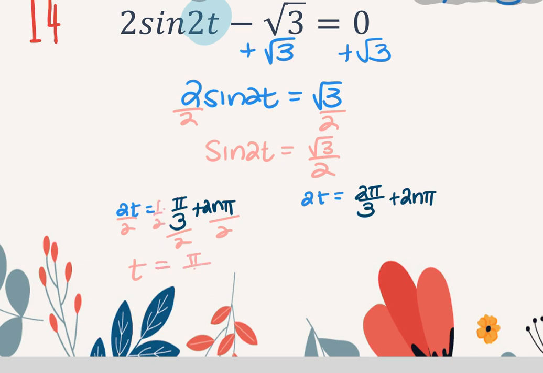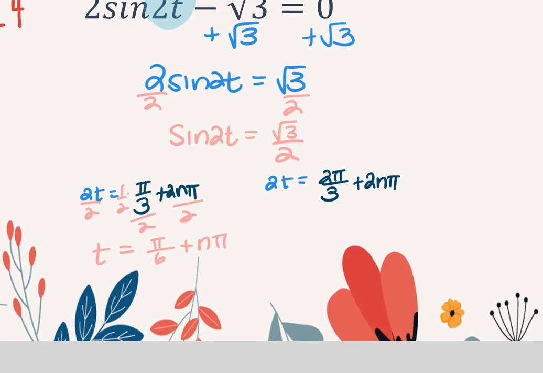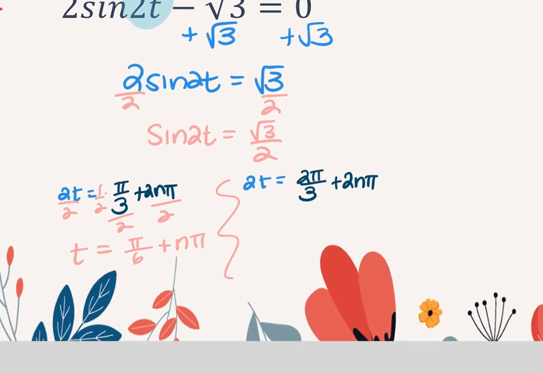And I get pi over 6 plus n pi, and over here, pi over 3 plus n pi. So you want to add the interval on first before you divide by what's next to the t, or if you had to multiply by what's next to the t, then you would want to do that after.